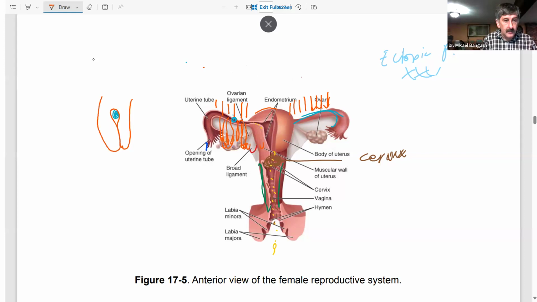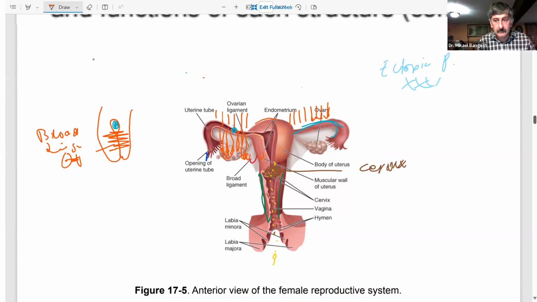And what do we call this whole structure here? That's going to be, sorry, the broad ligament. What do we call the part of peritoneum between the rectum and the uterus?